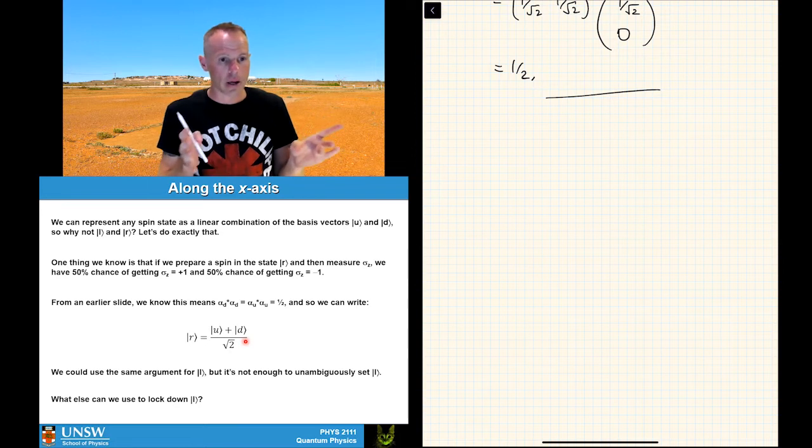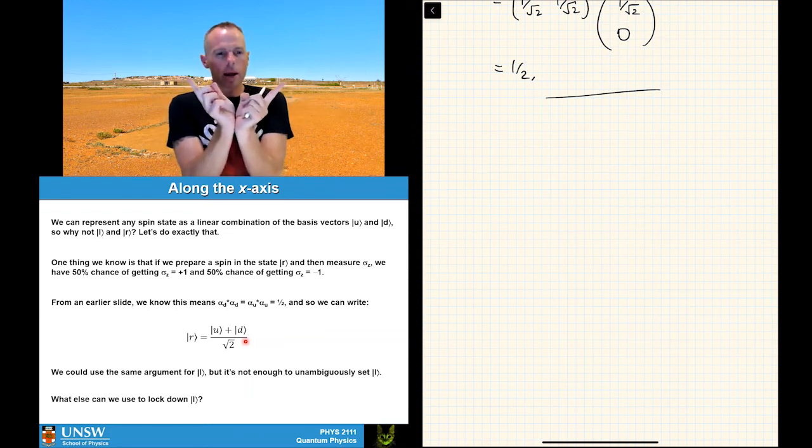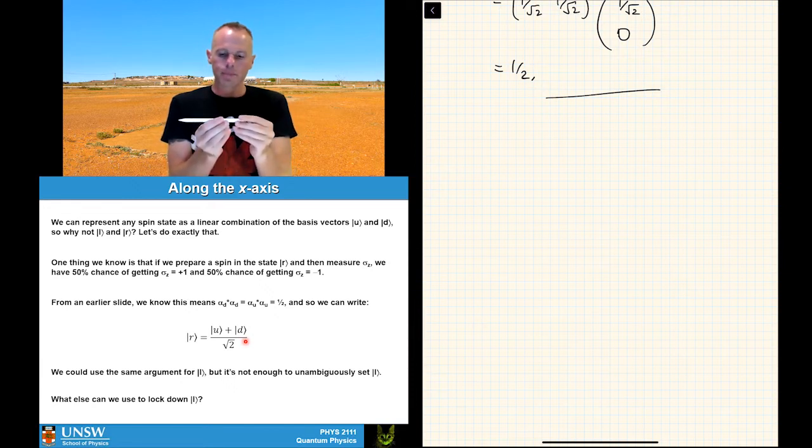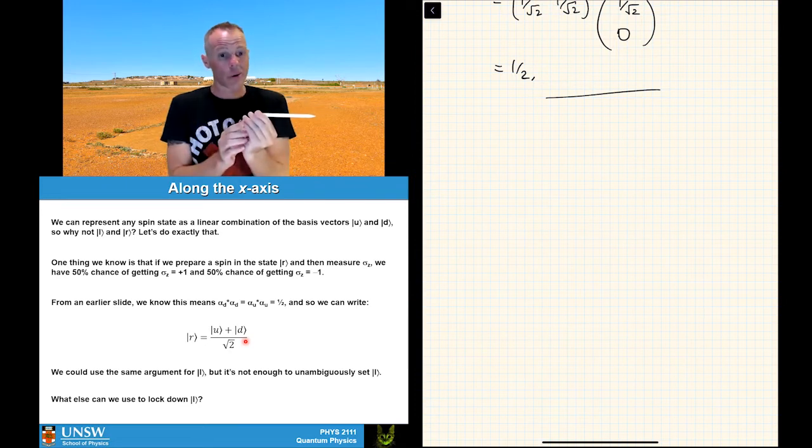And so the question becomes, well, what else do we know that we can use to lock down what our L vector would be? Now, if we think about it from a measurement perspective, we know that right and left are two distinct measurable outcomes, right? If we ask what the projection of the spin is along the x-axis, then it's either going to point to the right or it's going to point to the left.